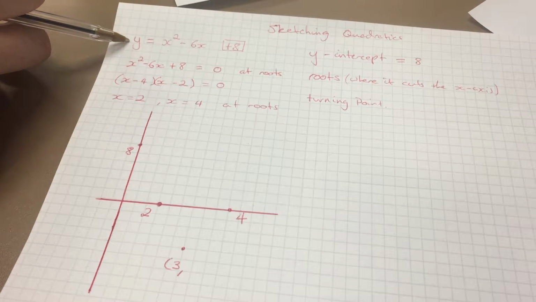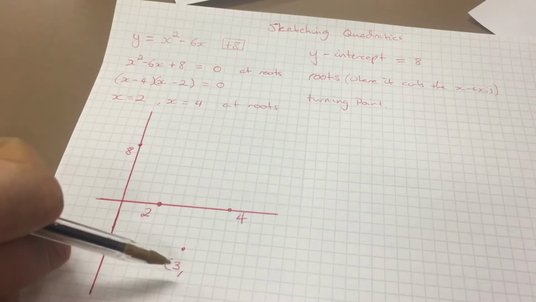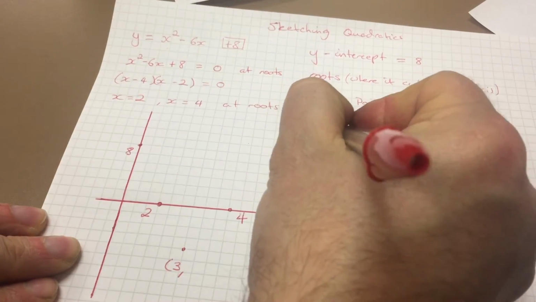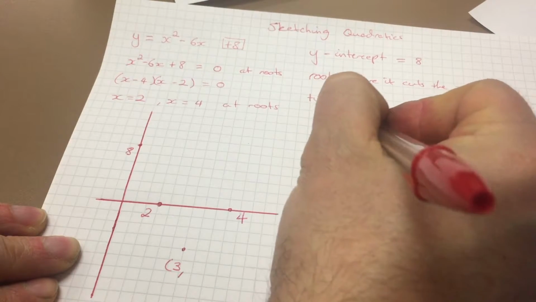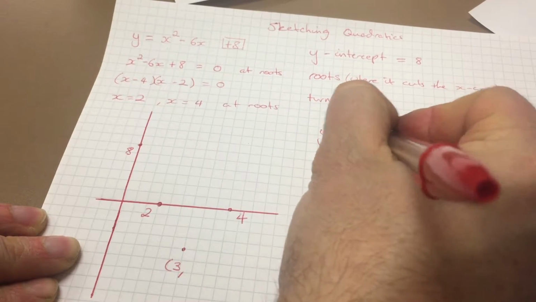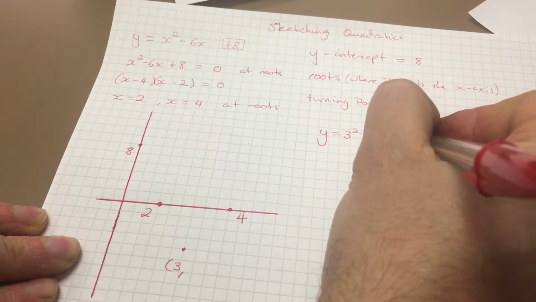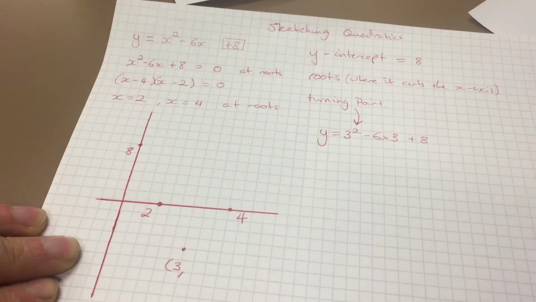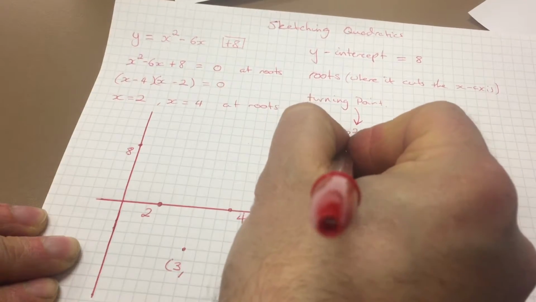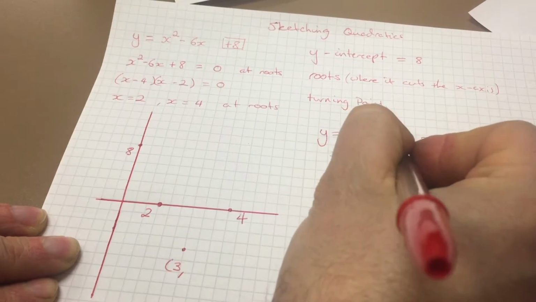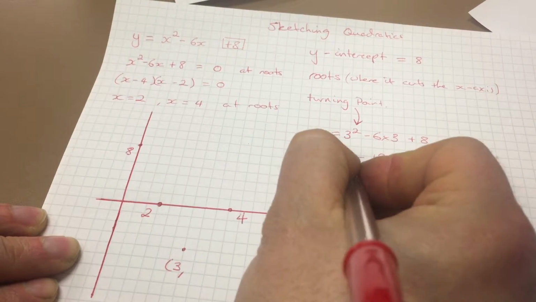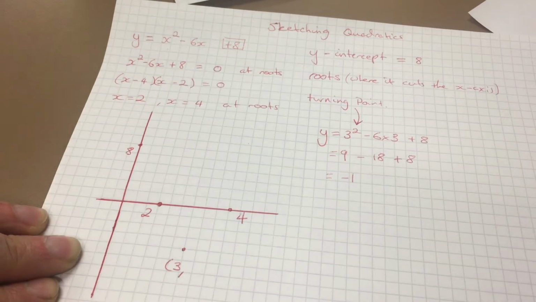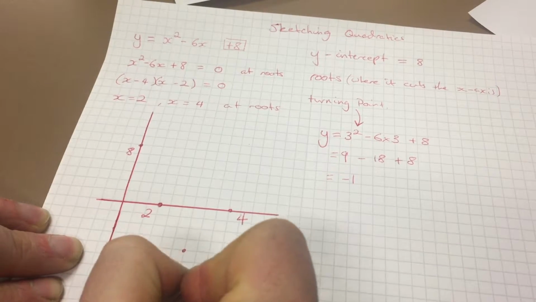So we substitute 3 into this equation. So our y-coordinate is 3 squared minus 6 times 3 plus 8. So this is my turning point. That's going to be 9 minus 18 plus 8. So it's minus 9 plus 8, minus 1. So my turning point is 3 along, minus 1.